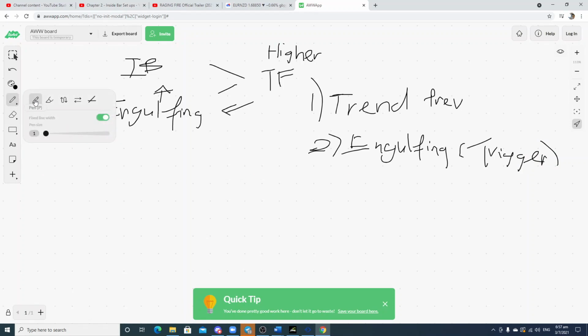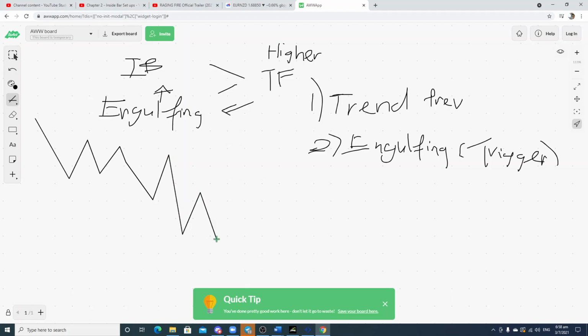For the kind of setup you want to take in the engulfing, assuming this is a downtrend, making lower highs and lower lows, and then if there is an engulfing formed around here, let's say there's a candle here.